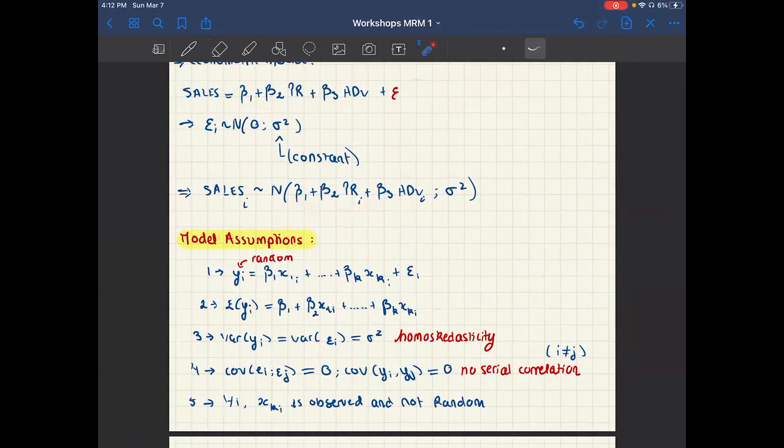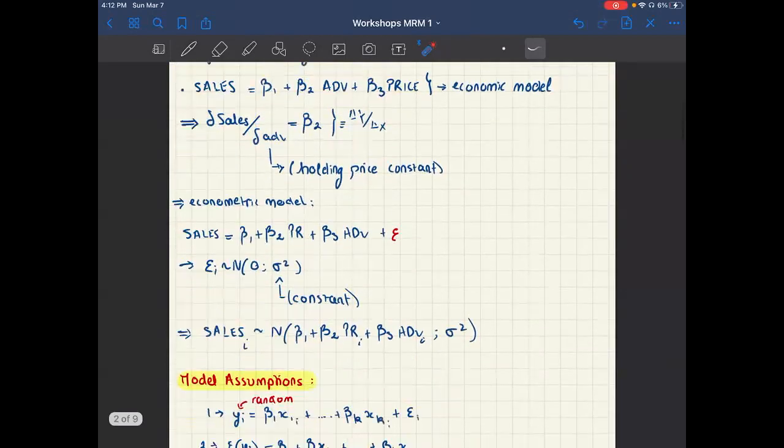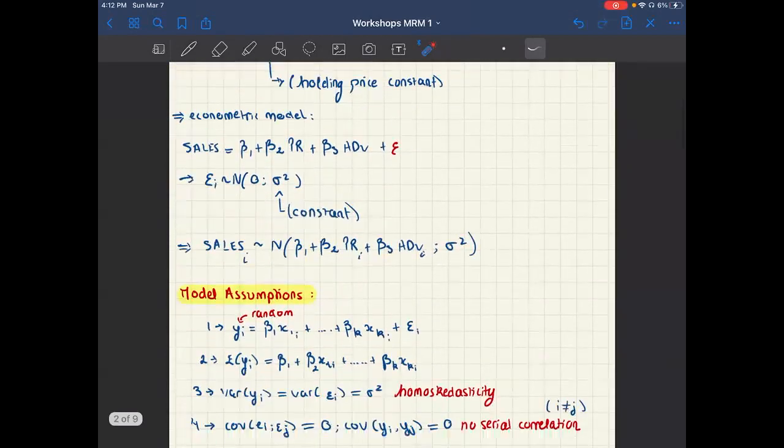On the other hand, the variance of sales, or the variance of our dependent variable, is the variance of all this, which is the variance of a constant plus the variance of this, and that is just sigma squared, as I just said here.